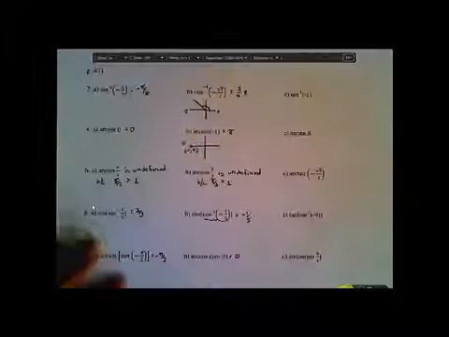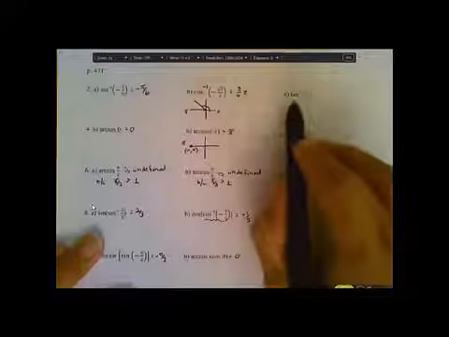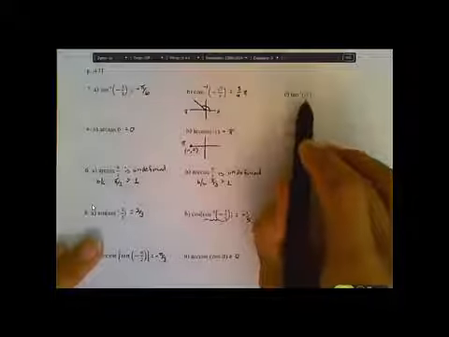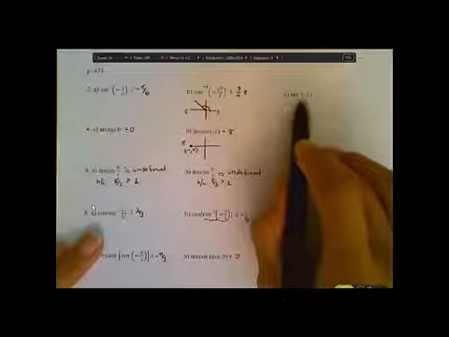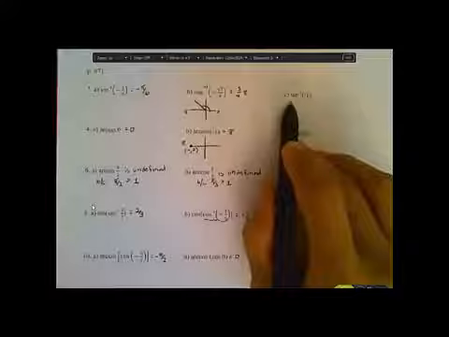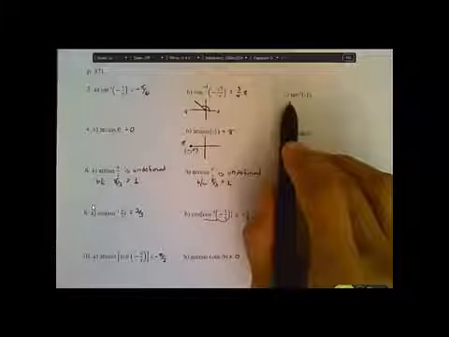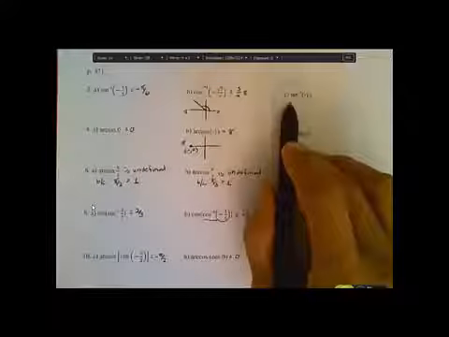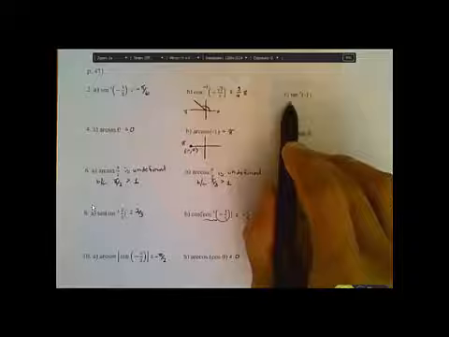Number 2, the C part says the angle whose tangent is -1. Well, I know tangent is 1 at multiples of π/4 because the x and the y are the same, or they're opposites of each other. So tangent's either +1 or -1 at all the multiples of π/4.